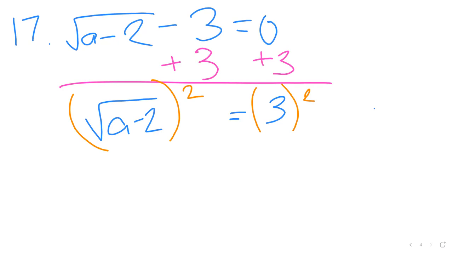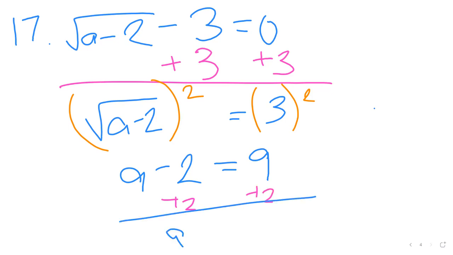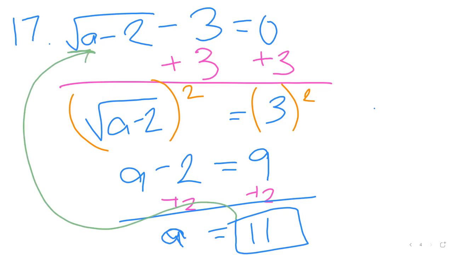So we've set ourselves up well on the left to cancel that square root of a - 2, to leave us with just a - 2. 3 times 3 on the right for 9. We can then add 2 to both sides. And we've got a equals 11. We would want to sub that back into the original equation just to make sure we don't get a negative sign under that square root.